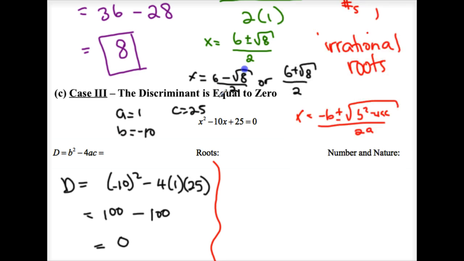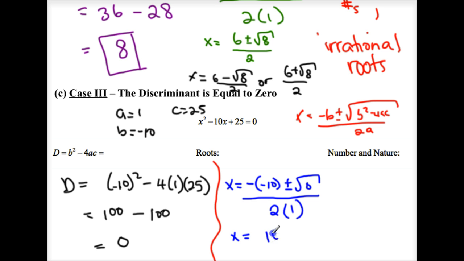So we have here the roots is going to be x is equal to minus b, which is minus negative 10, plus or minus the square root of 0 over 2a, which is 2. This becomes 10 plus or minus the square root of 0 over 2.